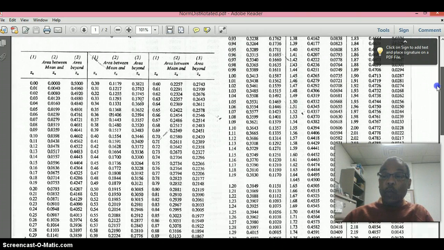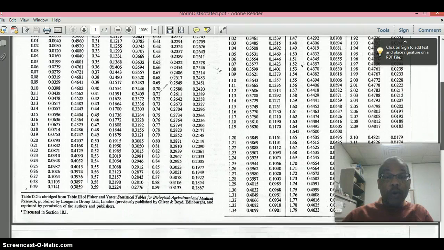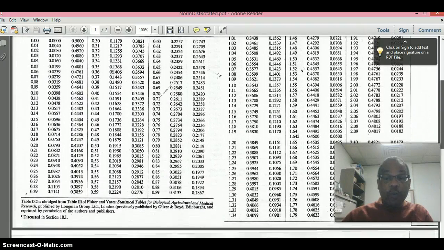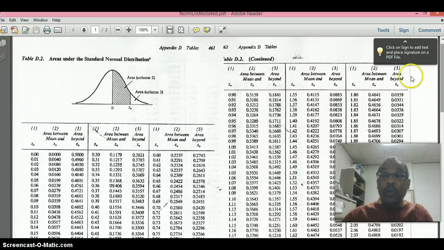Now that we know that, we could scroll down to 1.5, a z-score of 1.5, which is where my cursor is. So you go to the z-score and then you decide whether you're looking for the area column 2 or column 3. In this case, we established that we have to look at column 3, which is 0.0668.